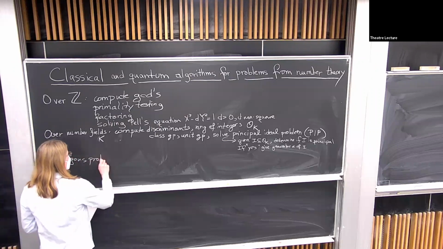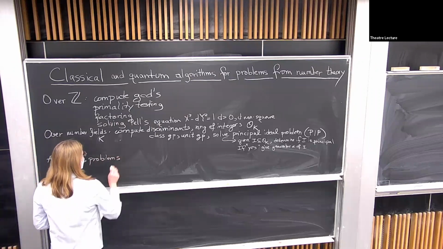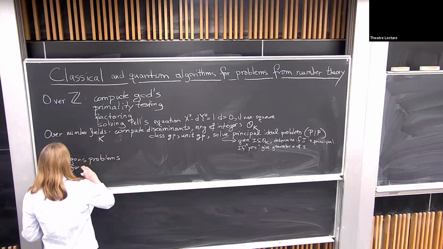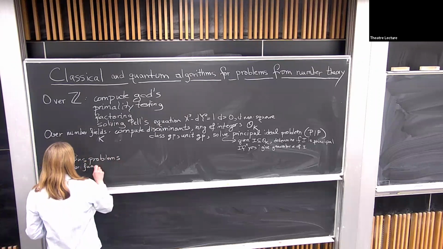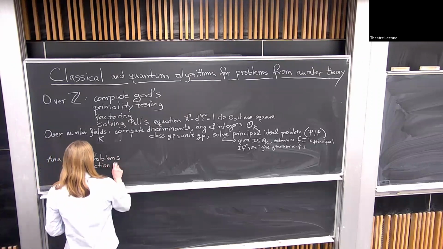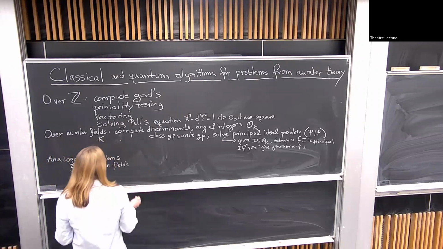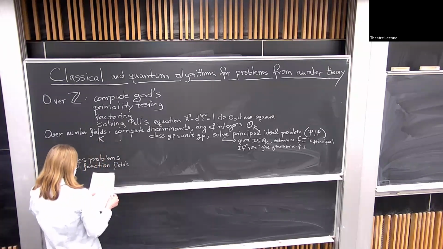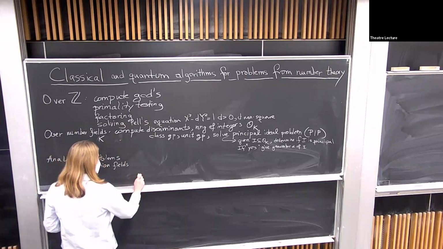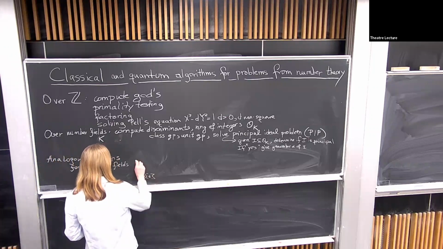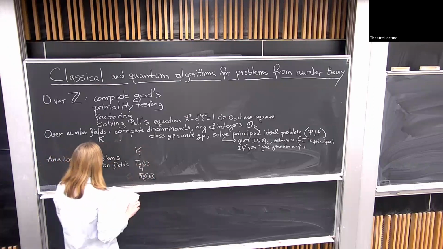for function fields, excuse me. Here I'm implicitly assuming that we have a finite field underneath, so something like the polynomial ring over F_q is the main thing of interest, and then the function field, and then some finite extension here.